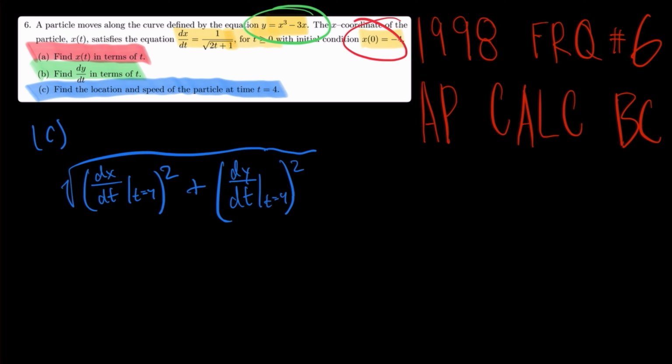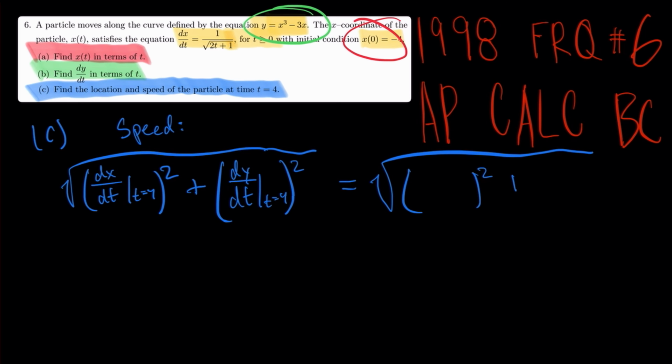And this will give us our speed. So I'll just write speed at the top, and this is equal to square root, and I will plug in these values, but I'm not going to show you how to do this because I assume you are capable.